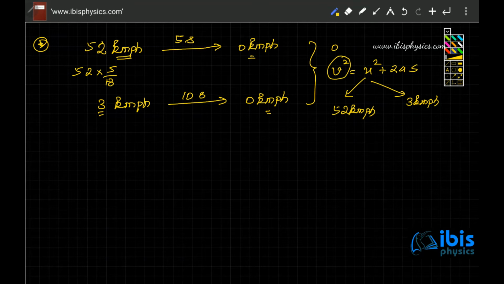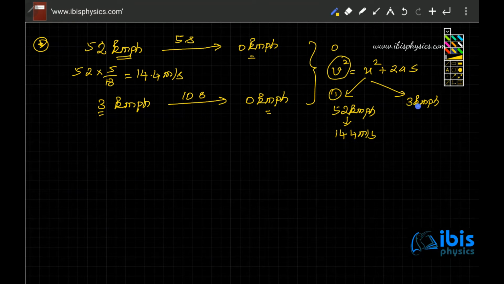So here, 5 into 52, I'm going to use a calculator. 5 into 52 is 260, divided by 18 gives you 14.44, or let us assume it to be 14.4 meter per second. So car 1's initial velocity is 14.4 meter per second.